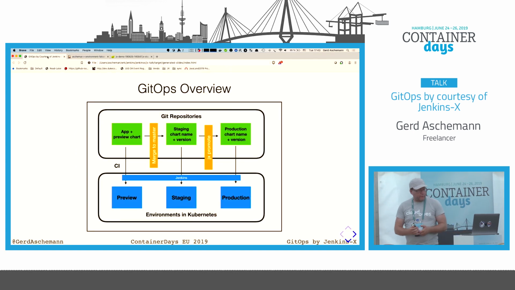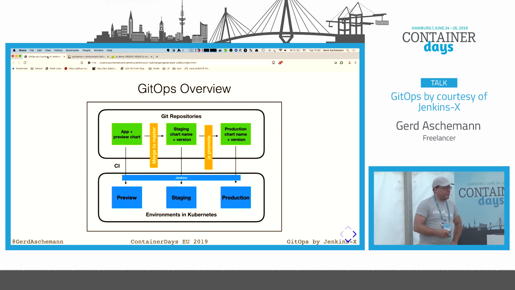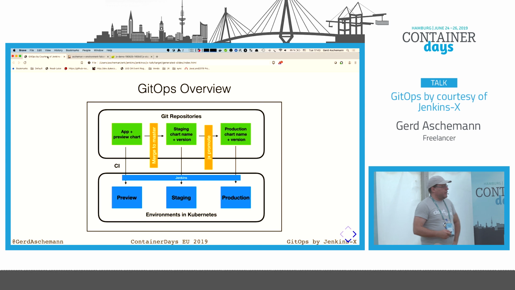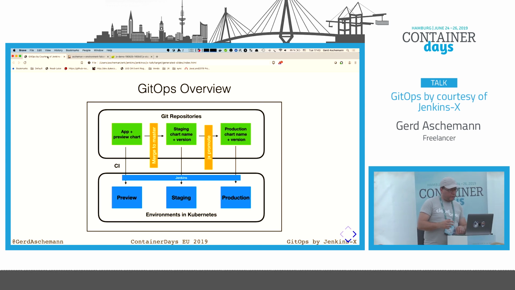It's implementing a GitOps process, and the GitOps process foresees that besides the Helm chart of the application, we have an additional Helm chart which describes the environment, and we can have a look into it in a few minutes.